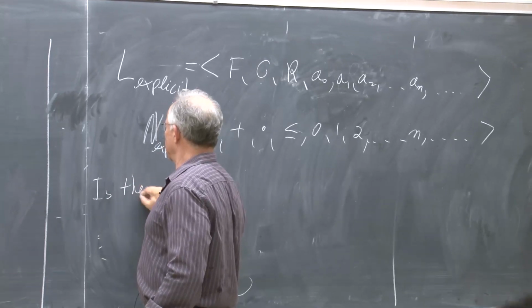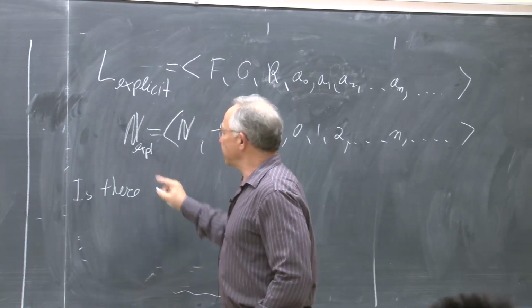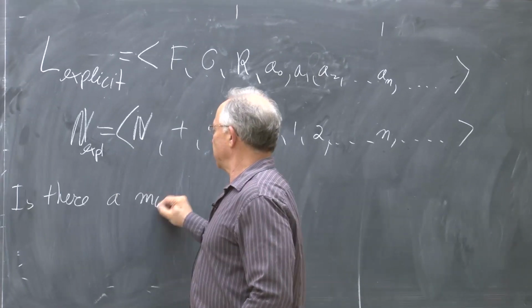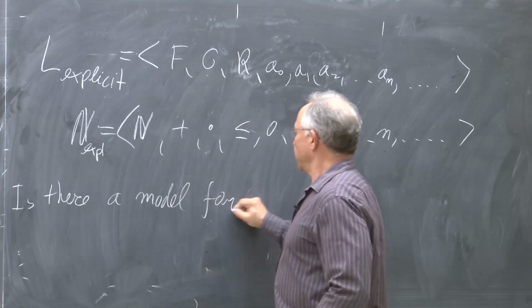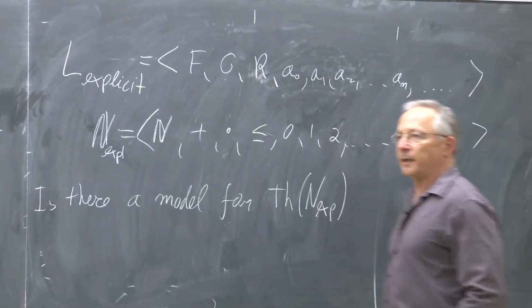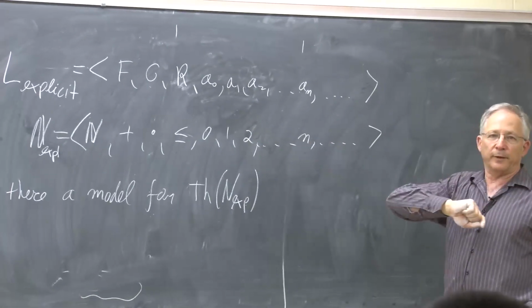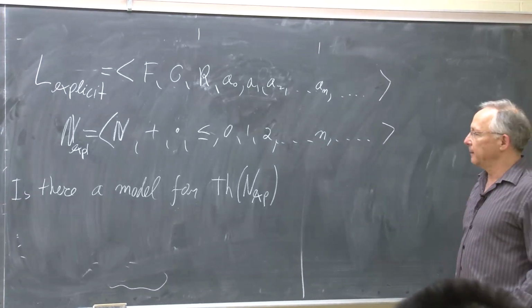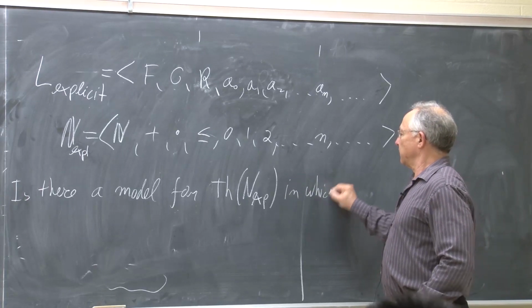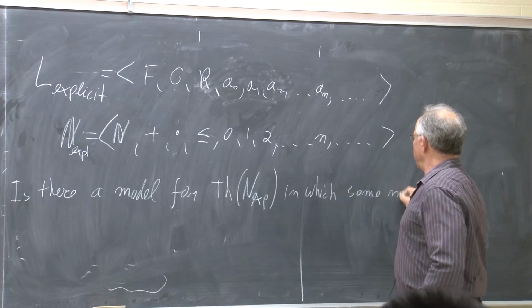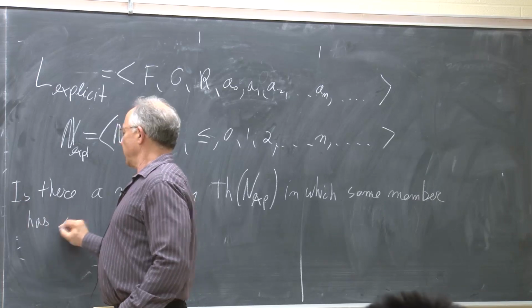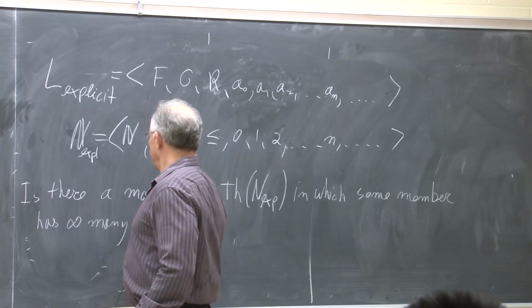Is there a non-standard model for N explicit, that is, a model for the theory of N explicit in this big language that has a name for every guy, in which some member has infinitely many predecessors?